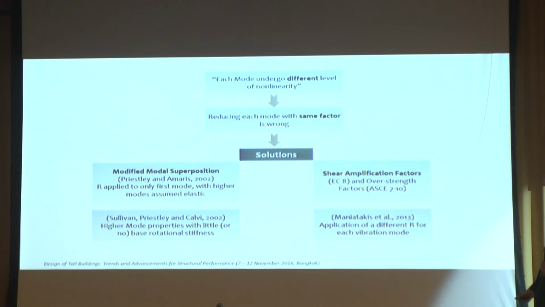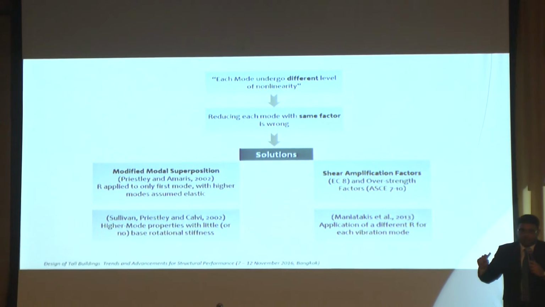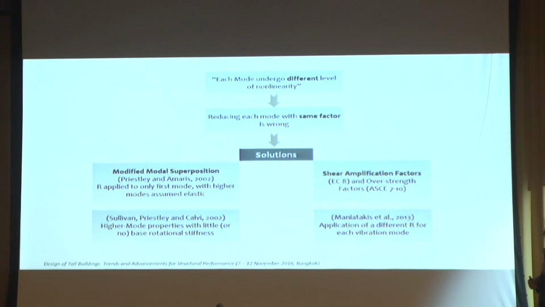Another approach to cover that was shear amplification factors by Eurocodes, and maybe an overstrength factor is also there. Some people have tried to use those amplification factors or overstrength factors to come up with a realistic estimate of true demands. There are procedures which recommend that you should use a different R for each mode. For modes which are about to remain elastic, you use R equal to 1, meaning no modification.